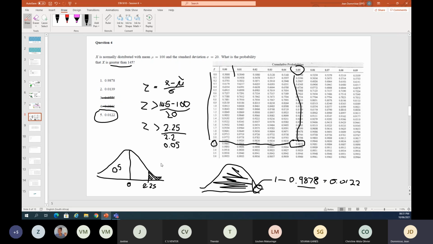Here we just needed to calculate the Z. It makes it so much easier when you draw the normal diagram, and you can see I do it roughly. It doesn't need to be on scale. You just need to have a visual of what is going on, because with the visual, you could have eliminated 3 of these options even before going into the next part of the question.